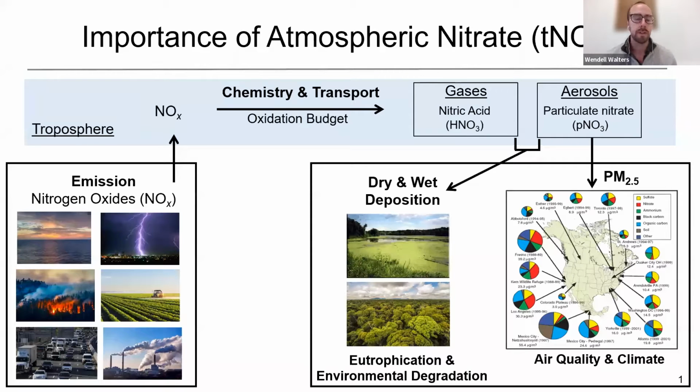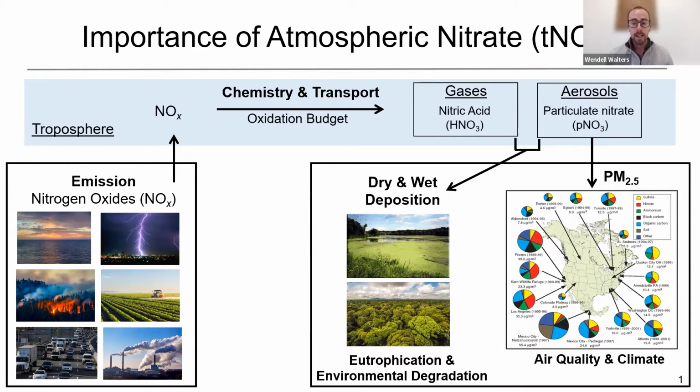I want to start with the role that stable isotopes may play in informing our understanding of nitrate deposition. As most of us here know, atmospheric nitrate derives from the precursor emissions of nitrogen oxides, which may originate from various sources that have both spatial and temporal variabilities.